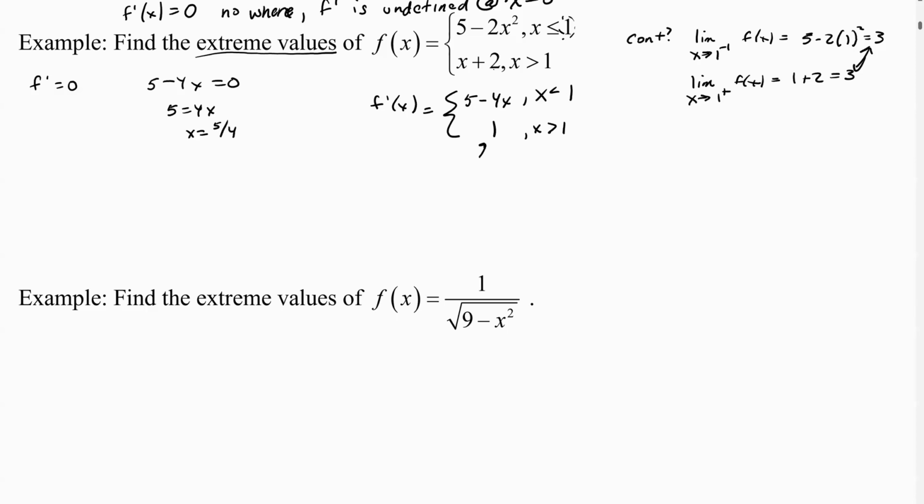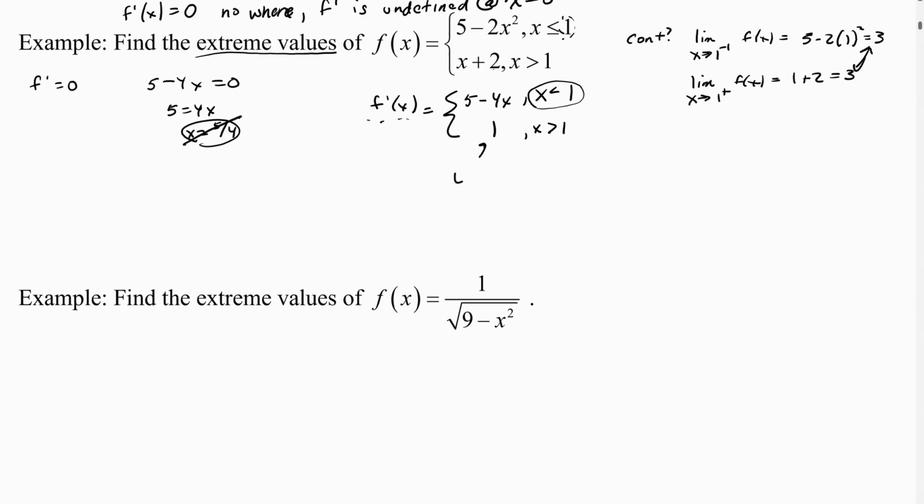Wait, but 5/4 is not less than 1. So this value doesn't fit that condition. So that's not a place. There are no places where this function has a zero derivative. Is there a place where the derivative is undefined?